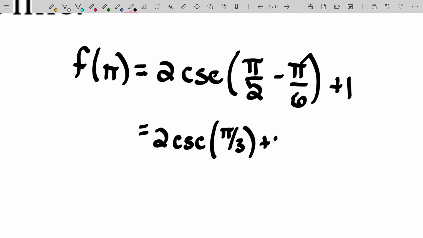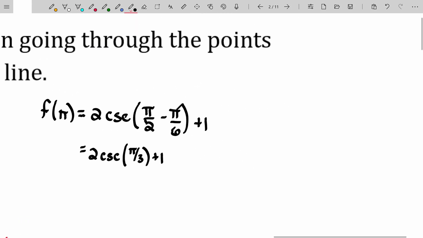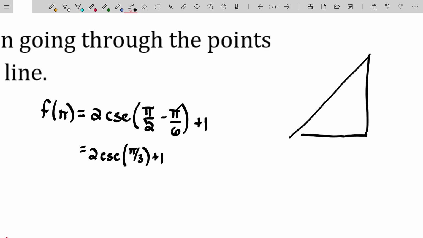Now I want to be incredibly forthright with you as you go through your calculus course, whether it's in my class or somebody else's class. It is assumed that you know how to evaluate the cosecant of pi over 3. You could easily just draw out a right triangle that has a pi over 6, a pi over 3 angle, even though, like I said, this looks more like a 45, 45, 90, but whatever, right?